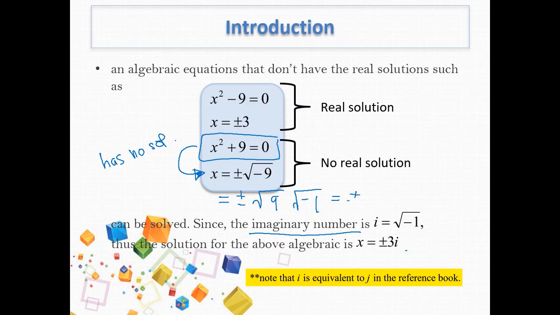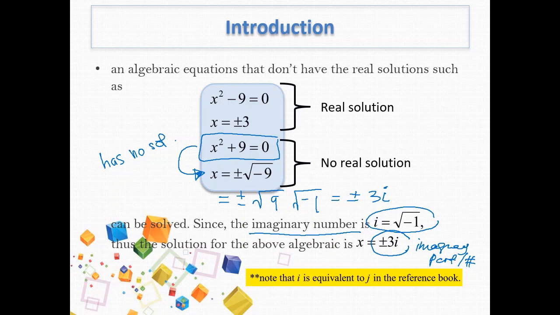It is 3. What is the square root of negative 1? The square root of negative 1 is i. So the quadratic equation that at first had no solution now has the solution x equal to plus minus 3i, which consists only of the imaginary part or imaginary number.